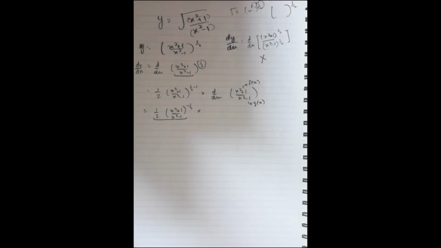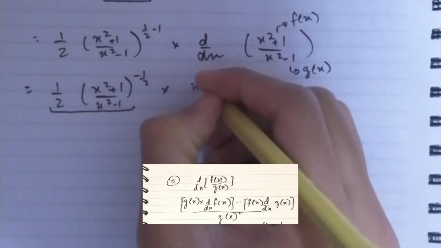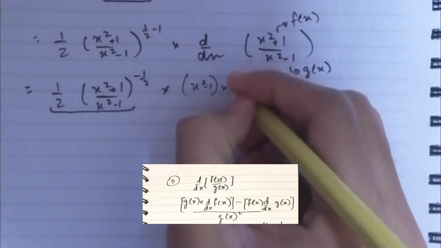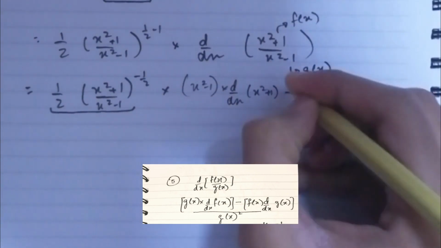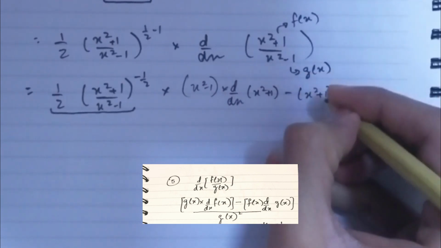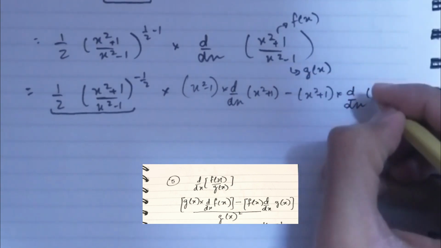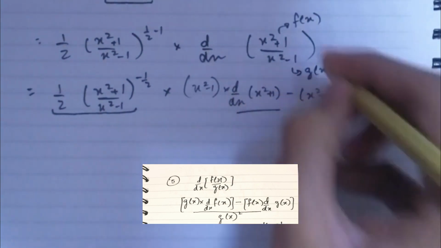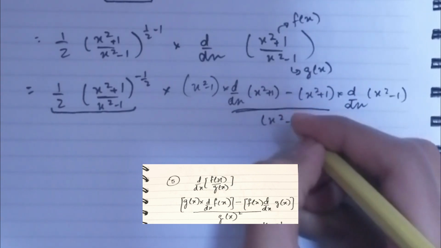Okay, all right, so if this is f(x) by g(x), now we can apply the rules of division. According to those, we can write (x square minus 1), which is multiplied by the derivative of (x square plus 1), which is the first function, minus the first function, which is (x square plus 1), multiplied by the derivative of the second function, which is (x square minus 1), and this whole term is divided by (x square minus 1), which is g(x) squared.